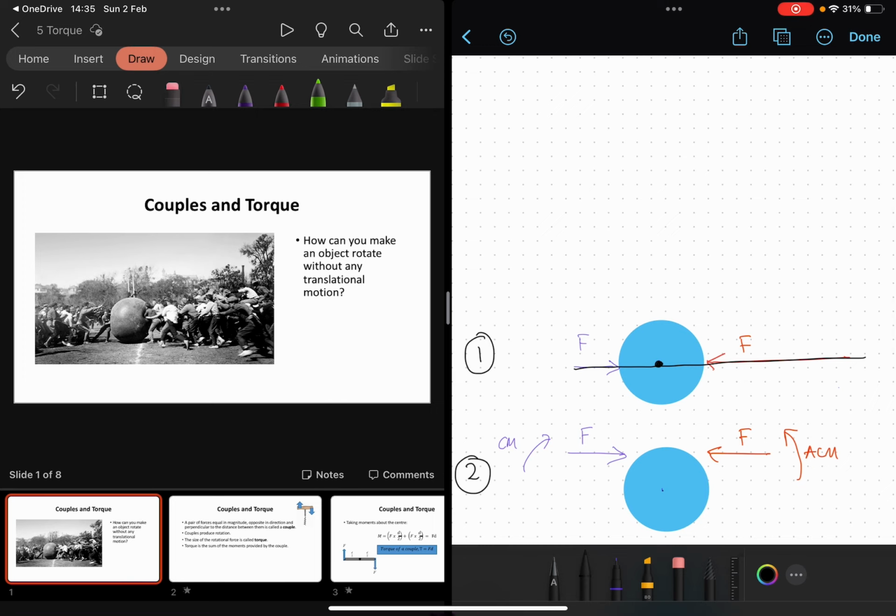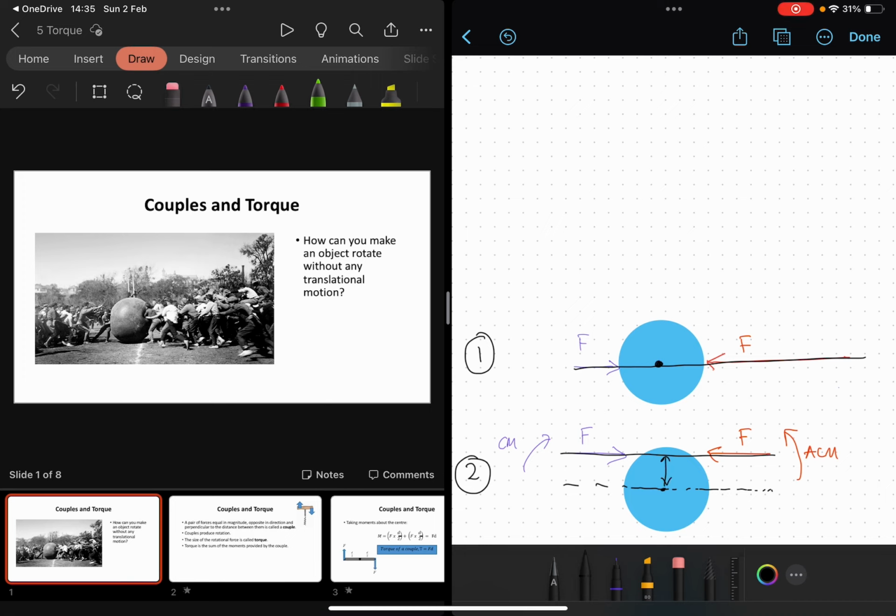I guess you could apply the idea of moments. If both teams pushed, as shown on the diagram now, each team would be providing some kind of moment because there's the pivot and there is the line of action of the forces. And remember, we draw our dotted line through the pivot parallel to the line of action.